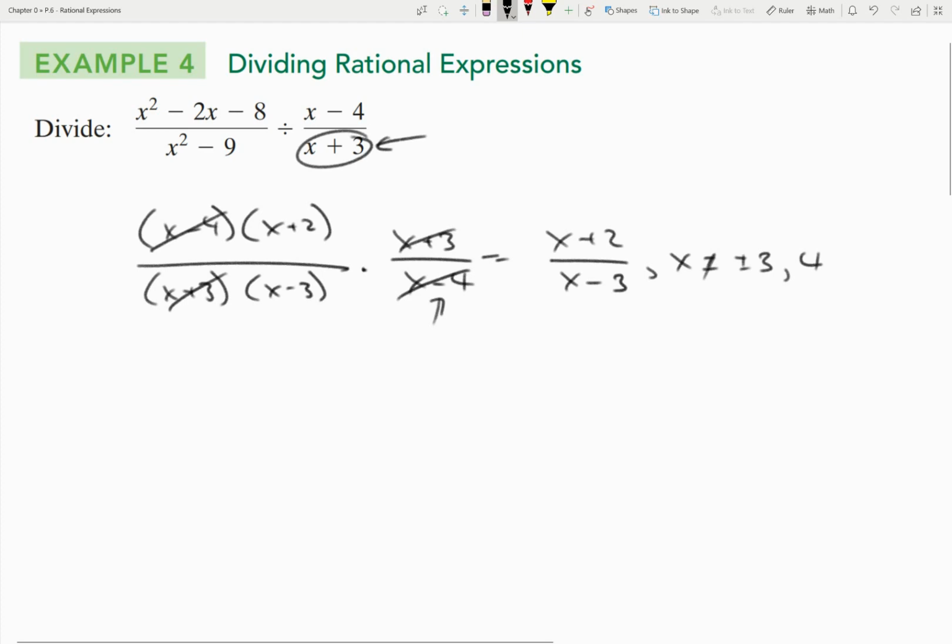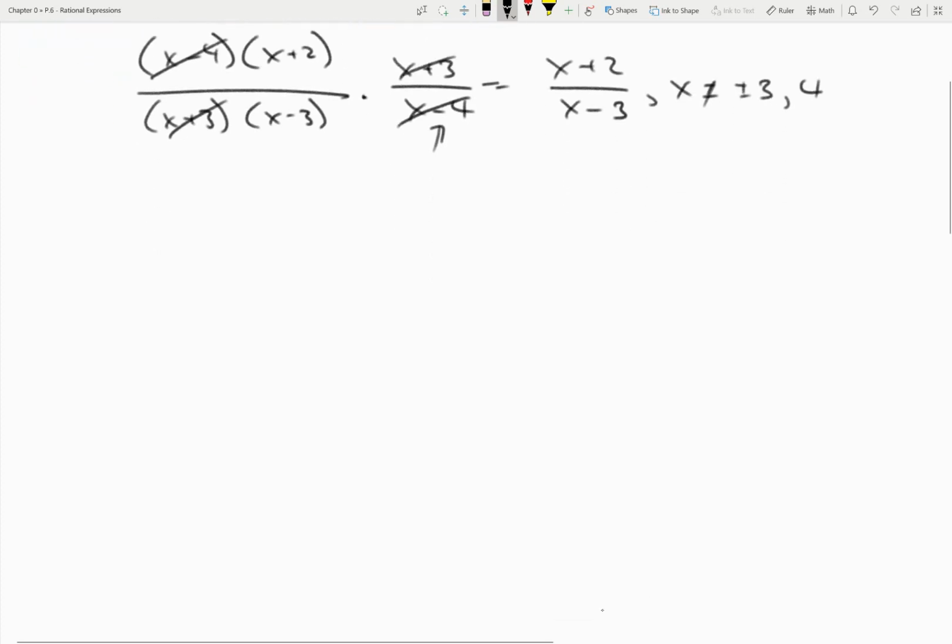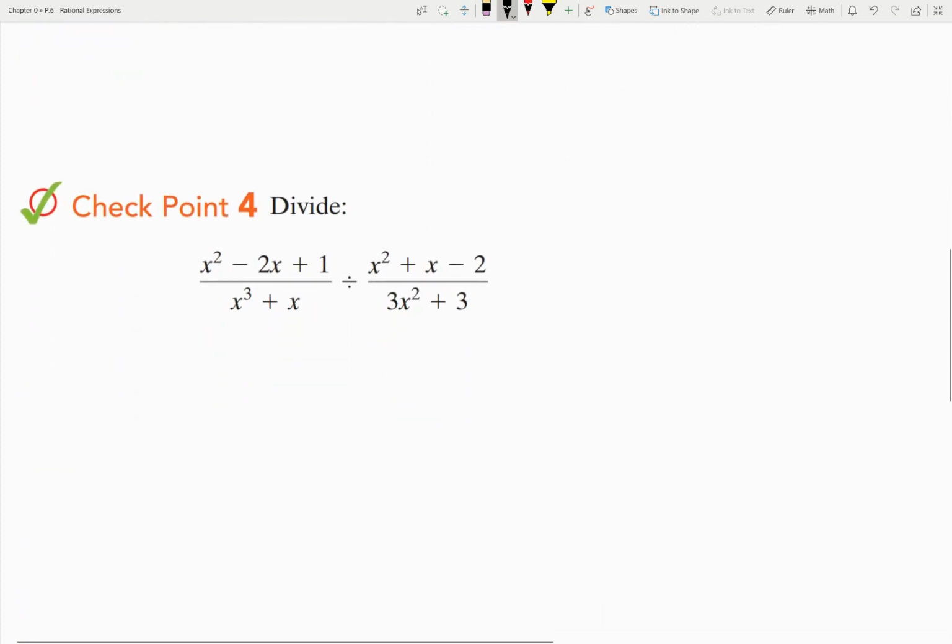So even when you flip the fraction, you're not moving x minus 3, you're moving x plus 3 to the numerator, but it still was in the denominator at some point, so it still contributes to the excluded values, the thing that the variable cannot be equal to.